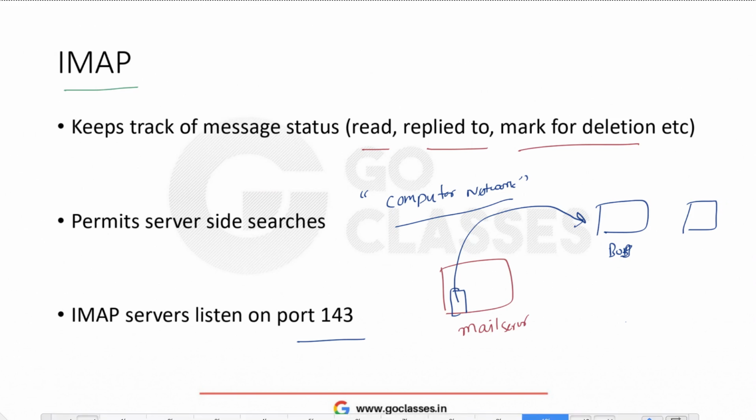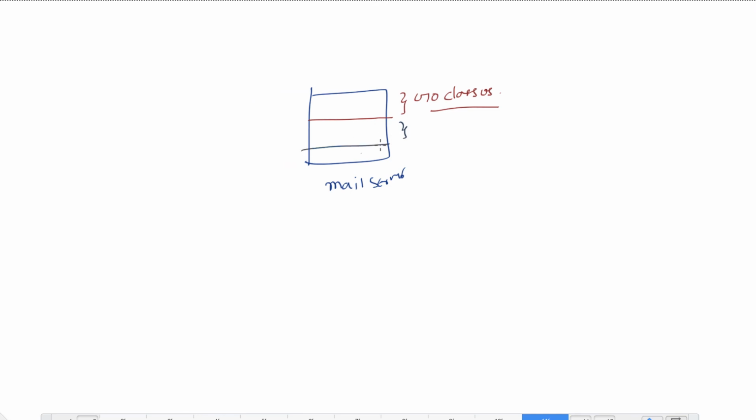Now this is one thing. Another thing is that if there's a mail server, then in this mail server there could be different organizations. Suppose I opened my own organization, suppose GO Classes. So this mail server could provide the functionalities for different small organizations. One is GO Classes, another is something else, another is something else.